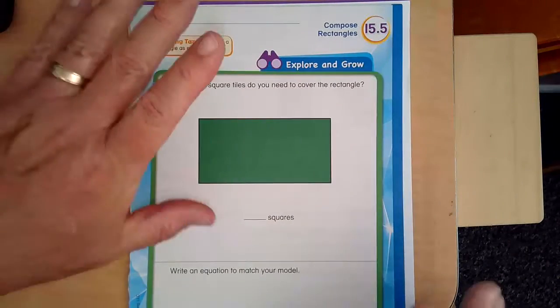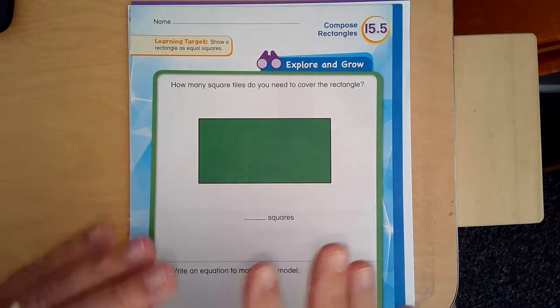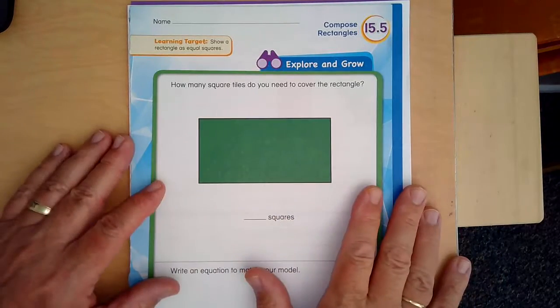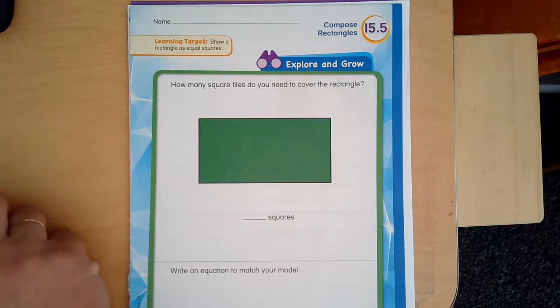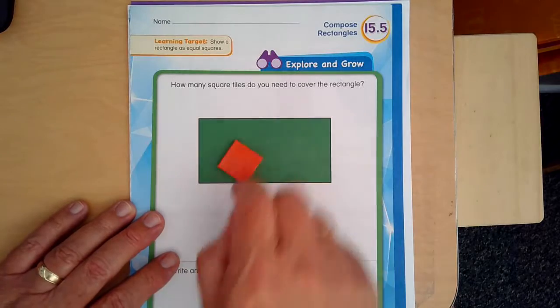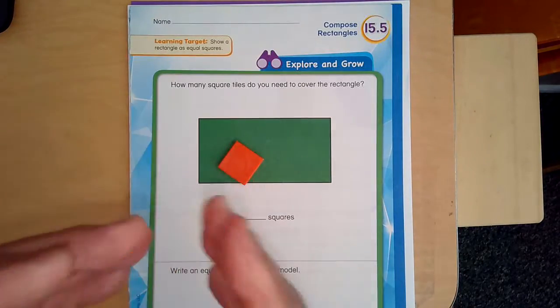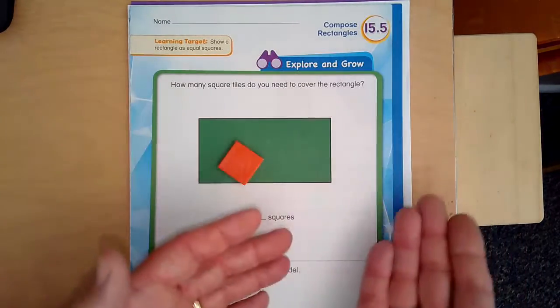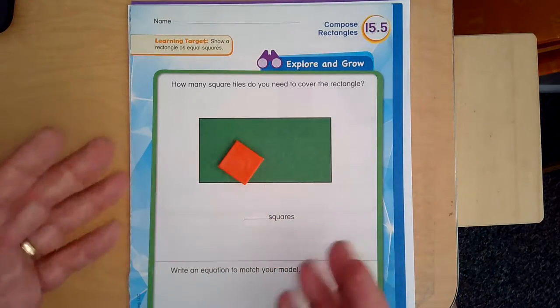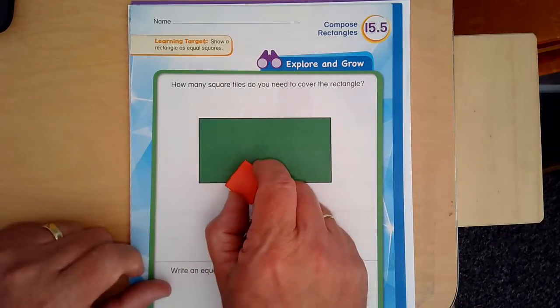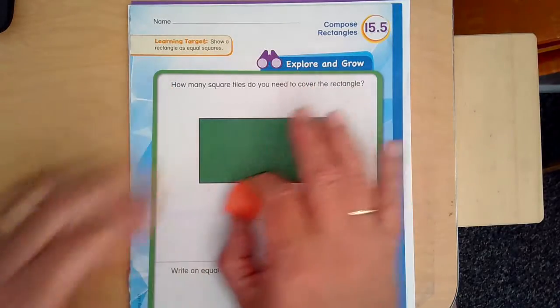Now, it's going to ask you to do some things that you actually just don't have at your house. It's going to ask you to use some square tiles. I have these square tiles, and if you were in the classroom, we could just do the square tiles. However, I think we can do this while you follow along.